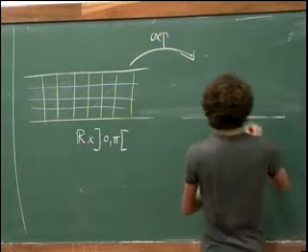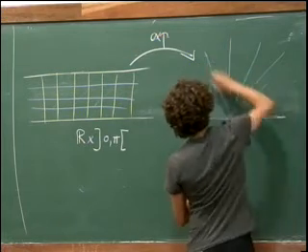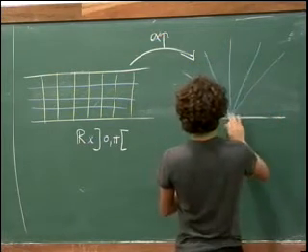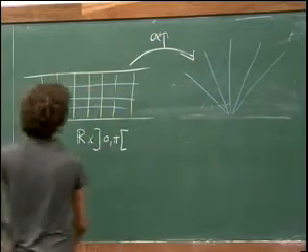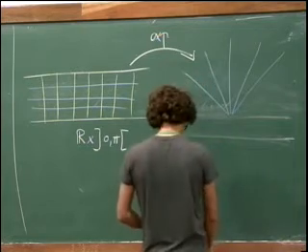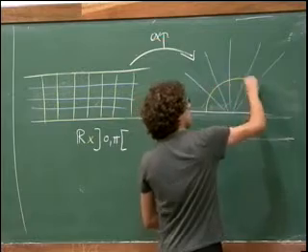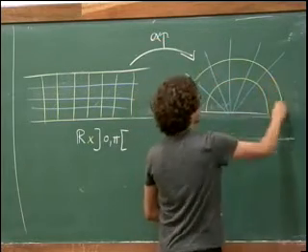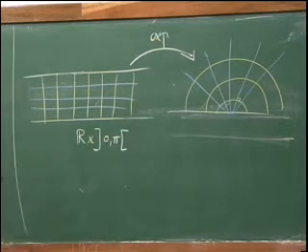And so when I send them here, I will find this kind of picture where I still have an orthogonal angle. That is really what it means to be conformal in this case.